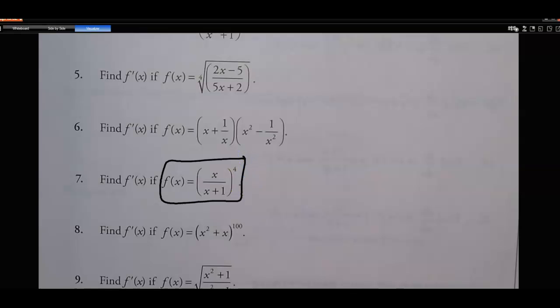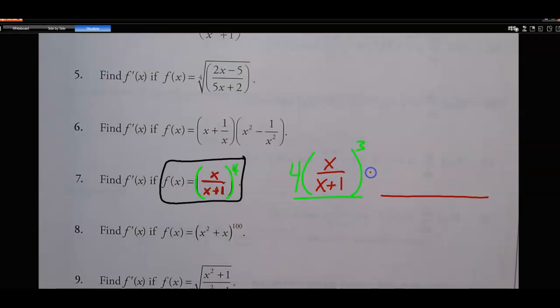So we have an outer function, and then we have our inner function. And as you guys remember, hopefully, with the chain rule, we do the derivative of the outside multiplied by the derivative of the inside. Okay, so the derivative of the outside is going to be 4 parentheses and then a cube here, and then we leave the inside the way it is here.